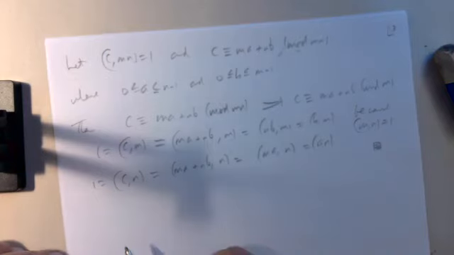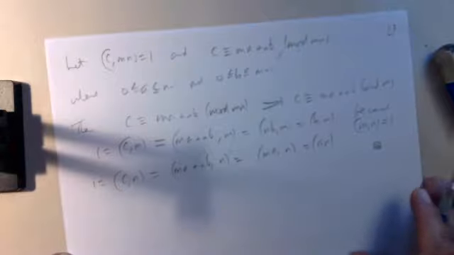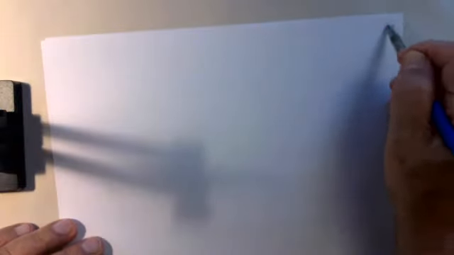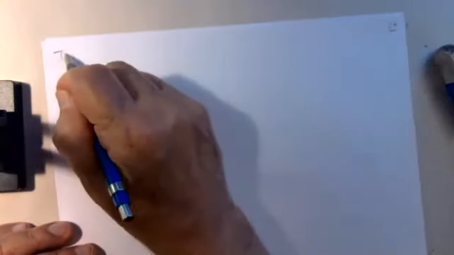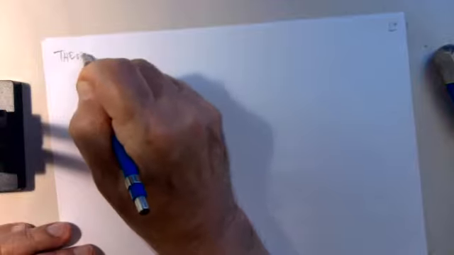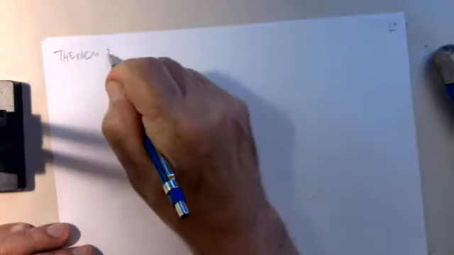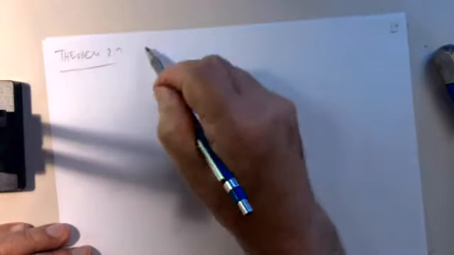So now we can try to prove the multiplicativity of the Euler phi function. So this is theorem 2.7.